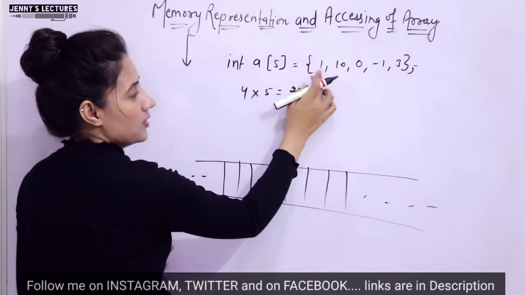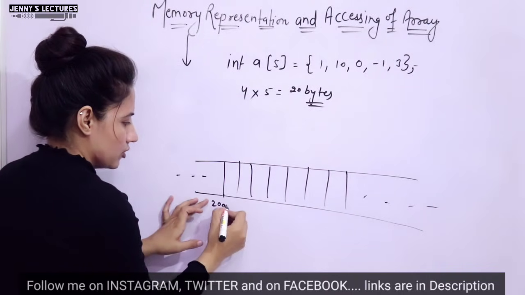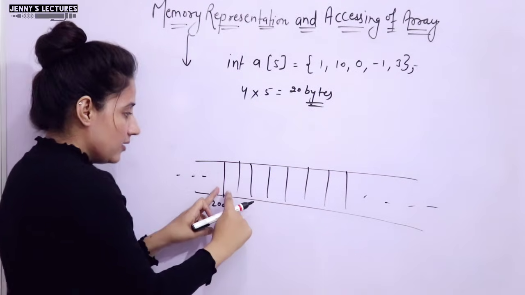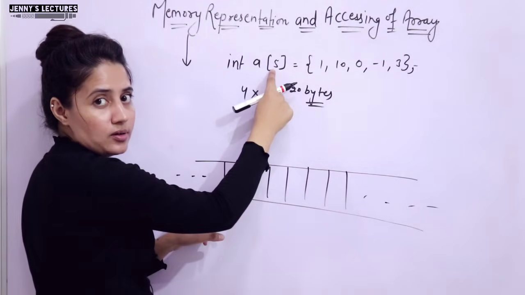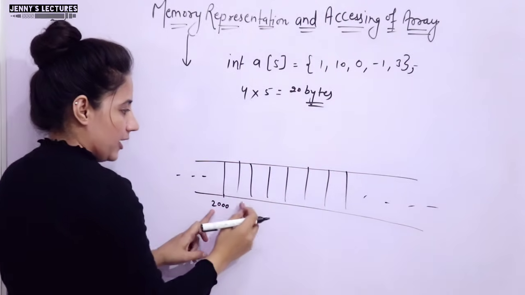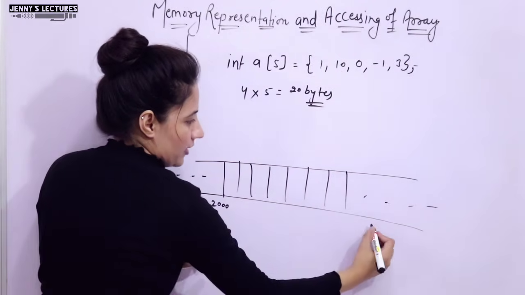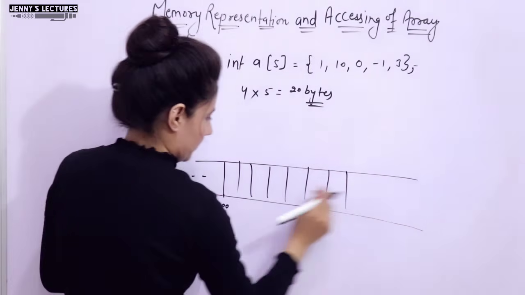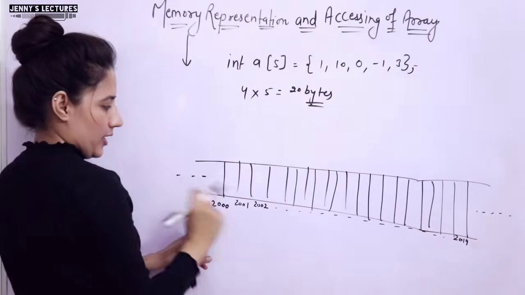Suppose I am taking the address here as 2000, and from here the memory would be allocated to this array for 5 data items, which means 20 bytes, in contiguous memory allocation from 2000.